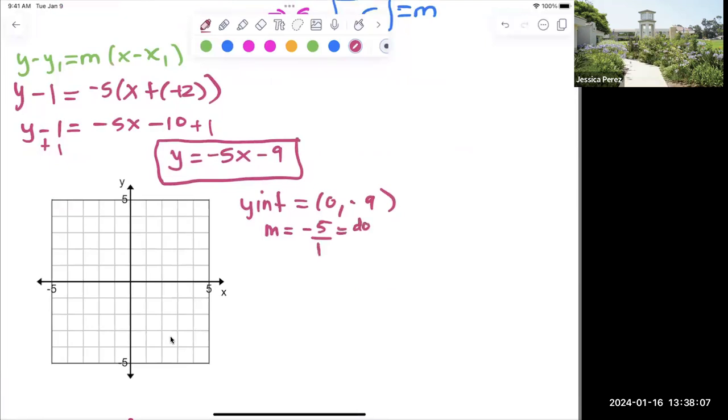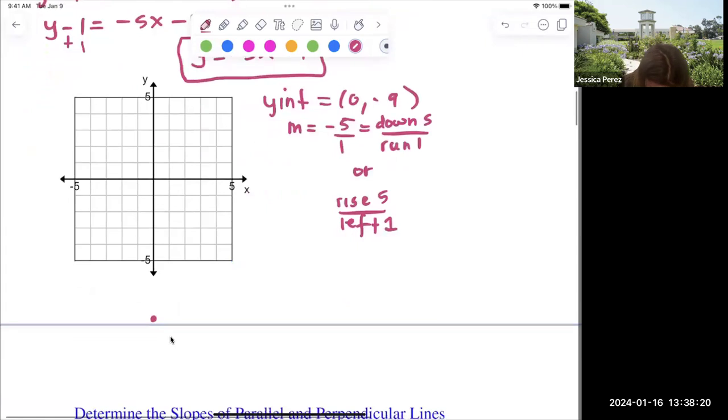This means down 5, run 1, or we could say rise 5 to the left 1, which is the same. So I'm just going to go up 5. So this is at the point 0, -9, and then I'm going to go up 5. So 1, 2, 3, 4, 5.